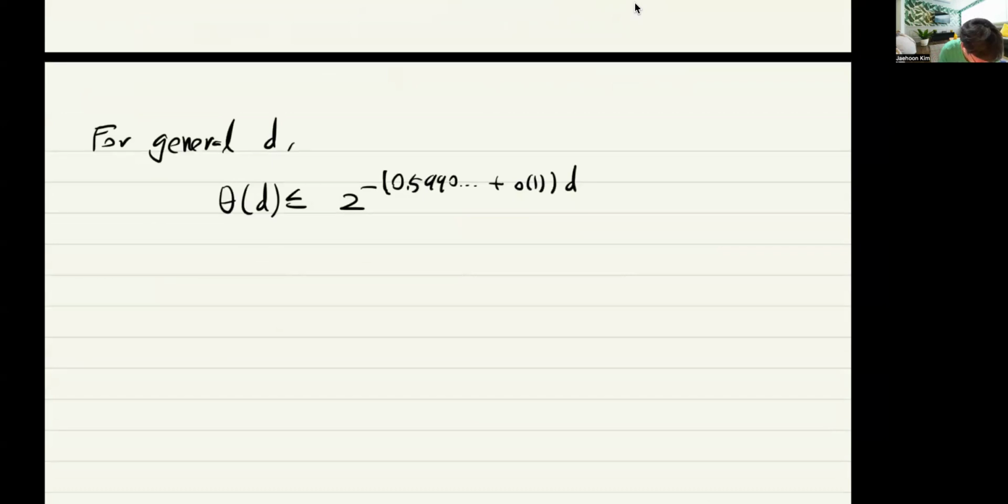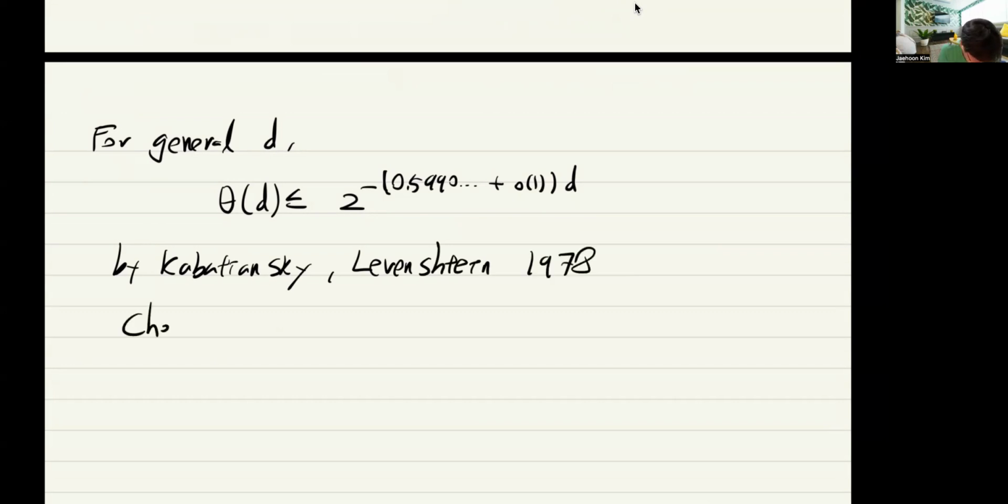This is by Kabatiansky and Levenshtein in 1978, and Kwon and Zhao in 2014 improved this by a constant factor.